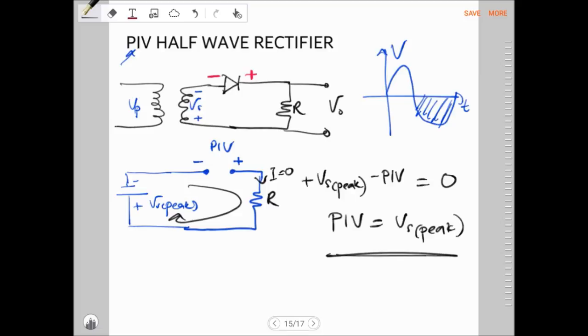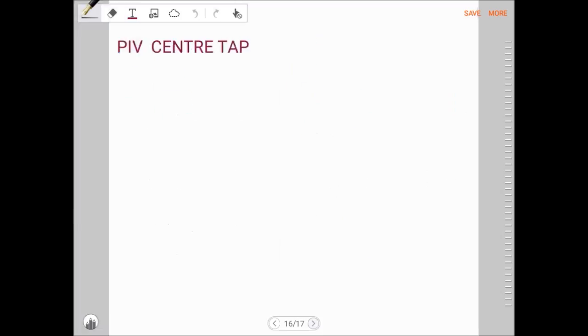So that's for half wave. Now let's look at the Centre Tap transformer. The circuit for a Centre Tap rectifier looks like this. Let me draw it.